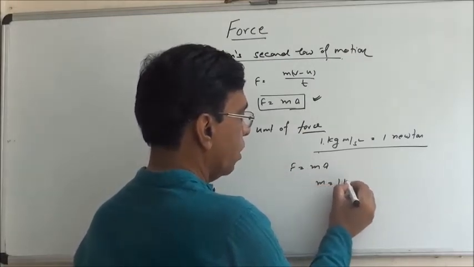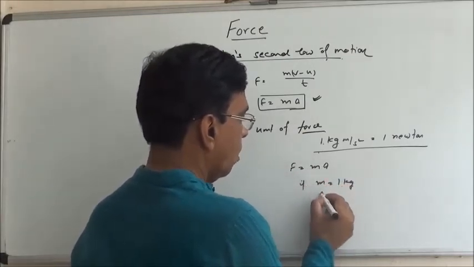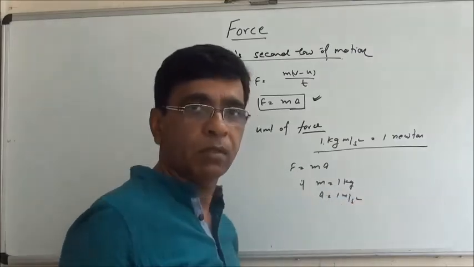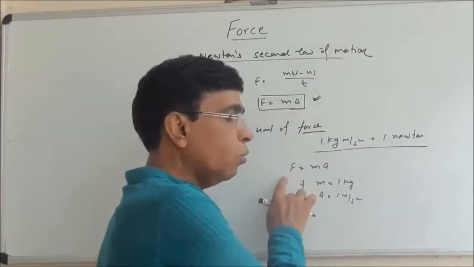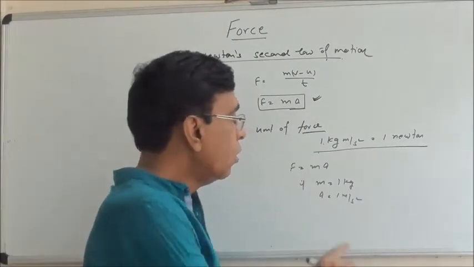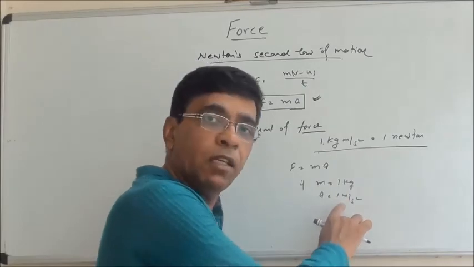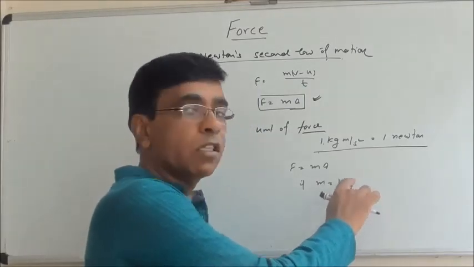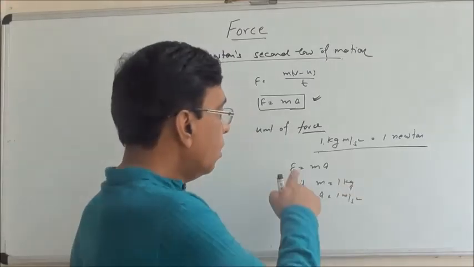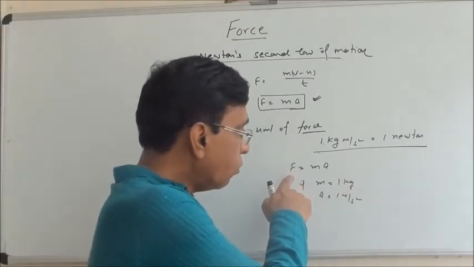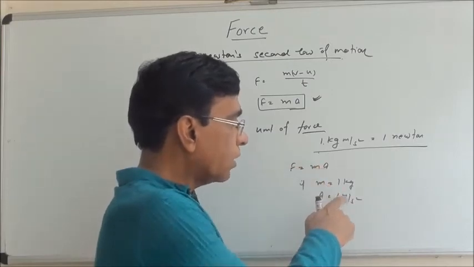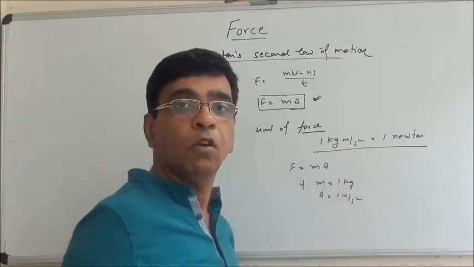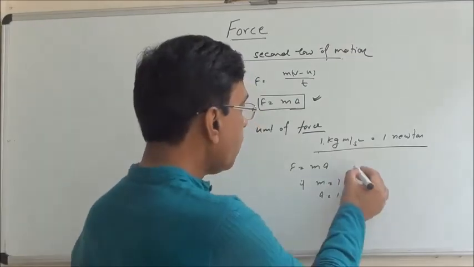If m is 1 kilogram and a is 1 meter per second square, then F is 1 Newton. So 1 Newton is that force which produces an acceleration of 1 meter per second square in a body of mass 1 kg.